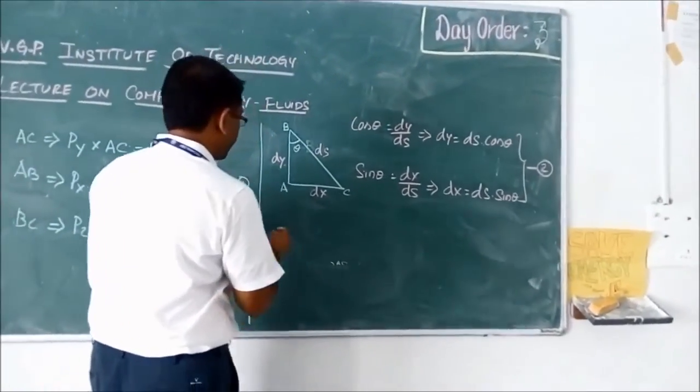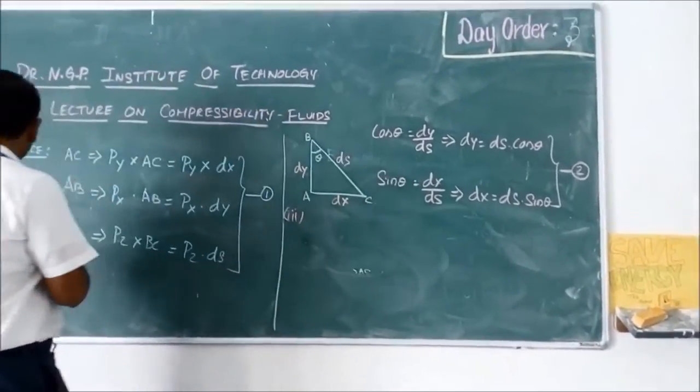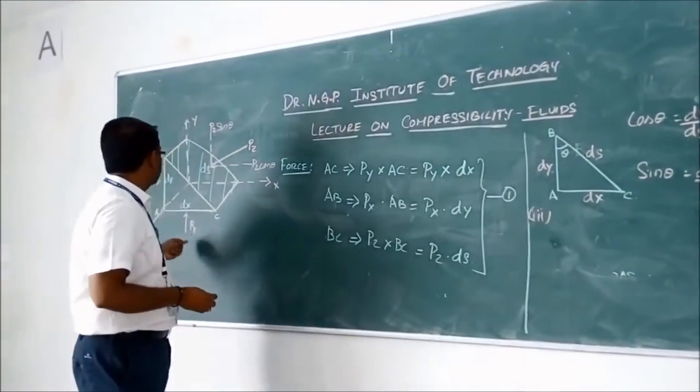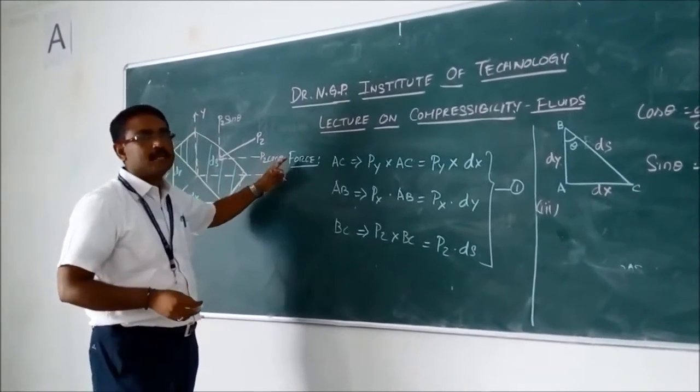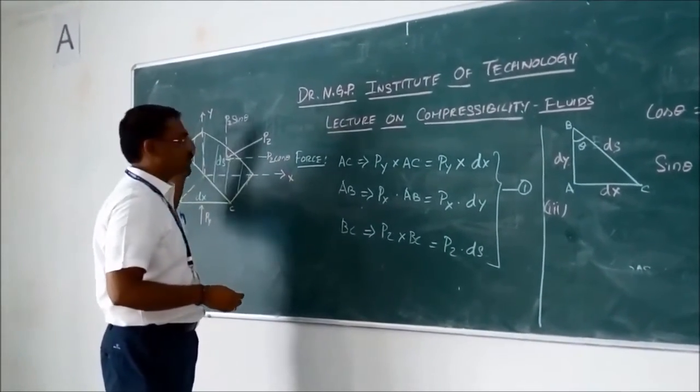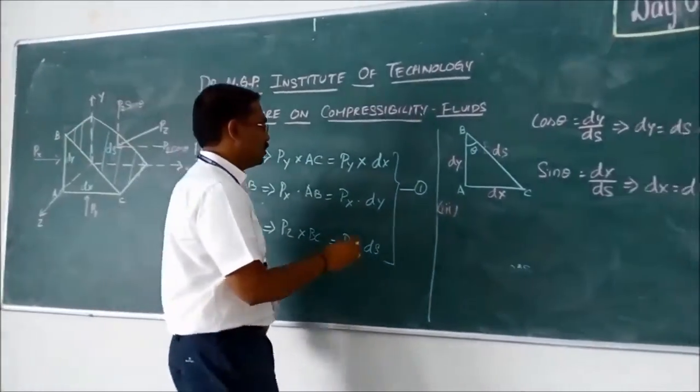Okay, so now I write the third part. The third part, that is the forces acting in the x direction, the combination of all the forces acting in the x direction, the combination of all the forces in y direction, resolving into horizontal and vertical component.